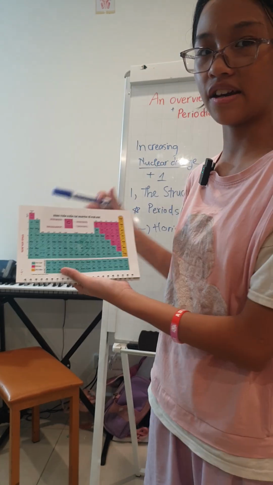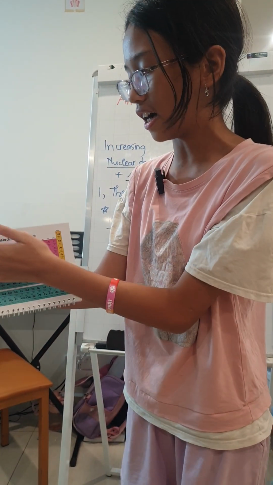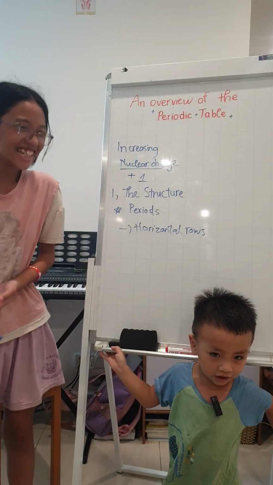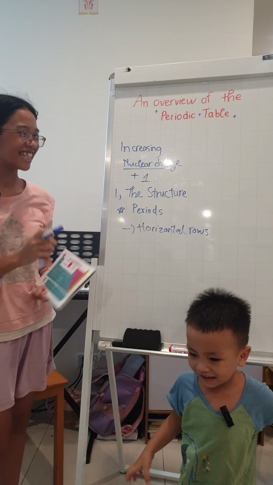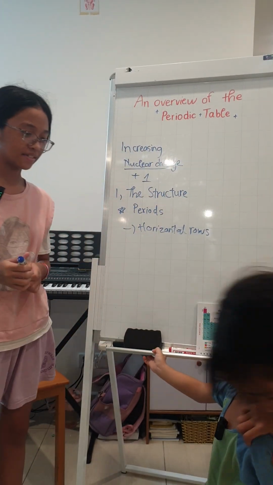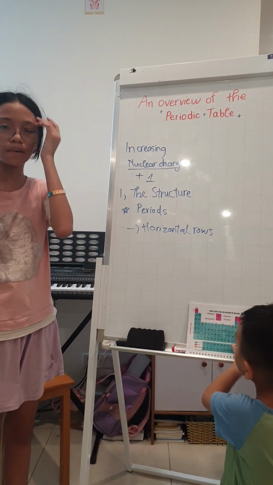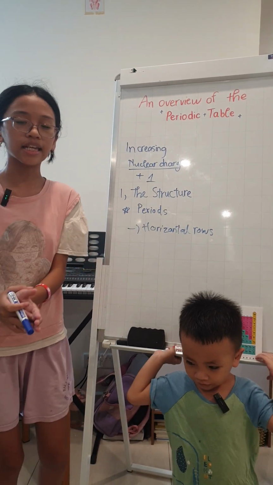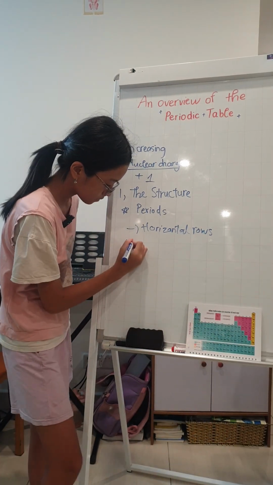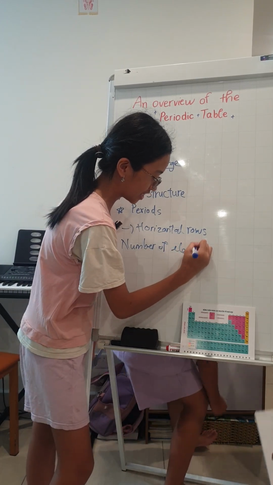This also counts as a period, even though its distance is really far away. But you can imagine there's a line here that connects. There are none of those in the periodic table. And the periods determine the number of electron shells of elements. Number of electron shells.